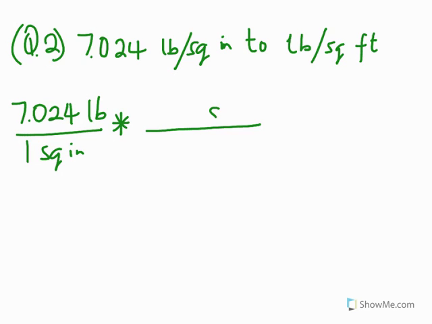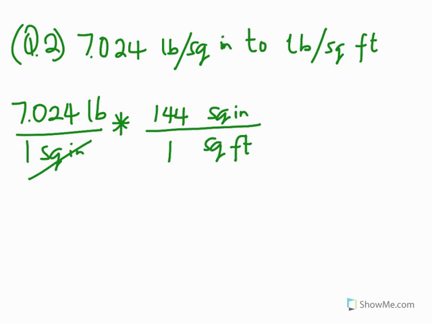So this square inch should cross out here. We put it on top, and then our square feet we put below because it's per. Then you ask yourself, what is the relationship between square inch and square feet? We see that 1 square foot is equal to 144 square inches.